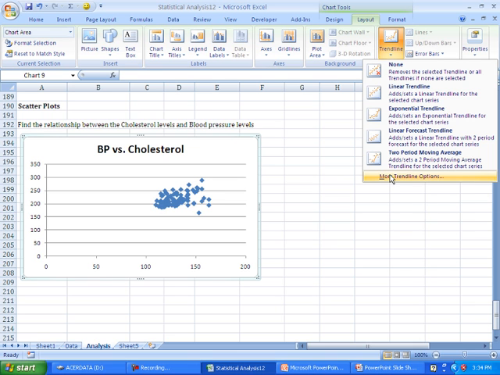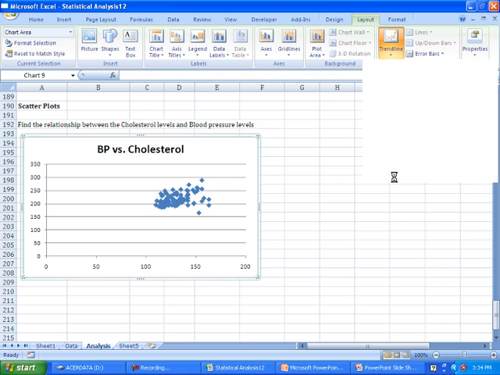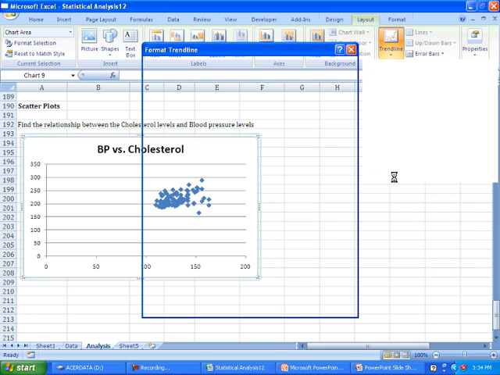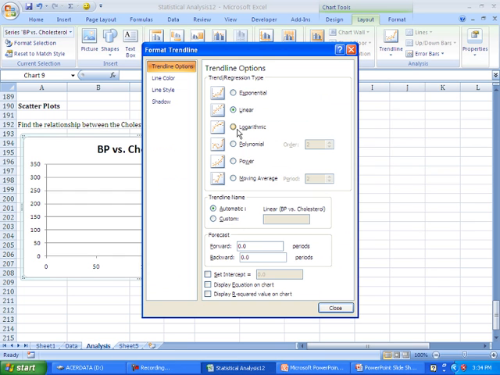From these more trend line options, you can choose the linear trend line, and if possible you can also display the equation in the chart.